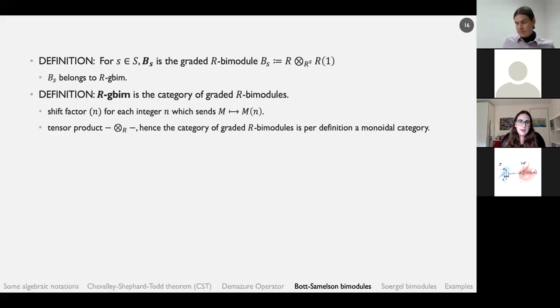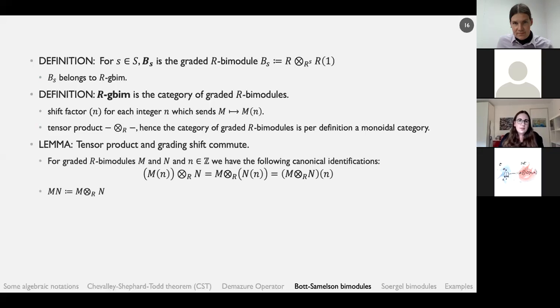Moreover, it has a tensor product over R, and this means that the category of graded R bimodules is per definition a monoidal category. And what is important to notice is that the tensor product and grading shift commute.